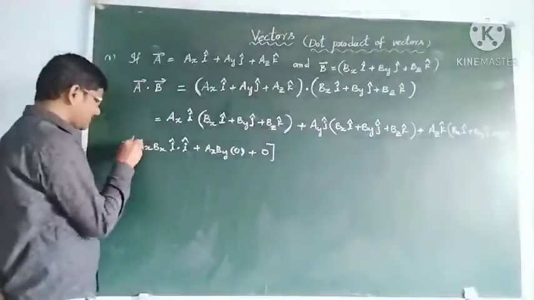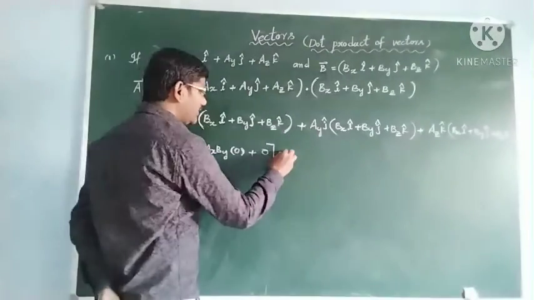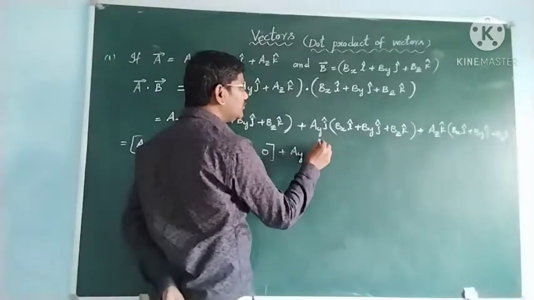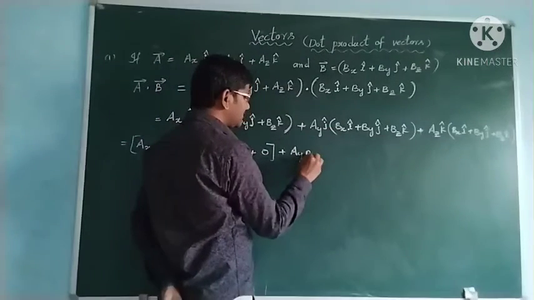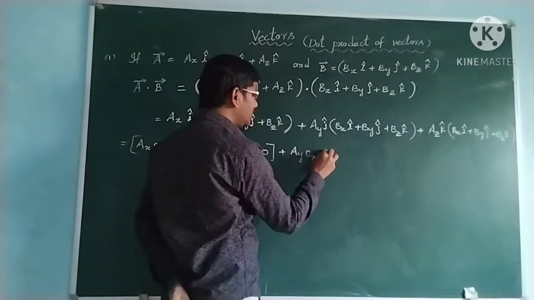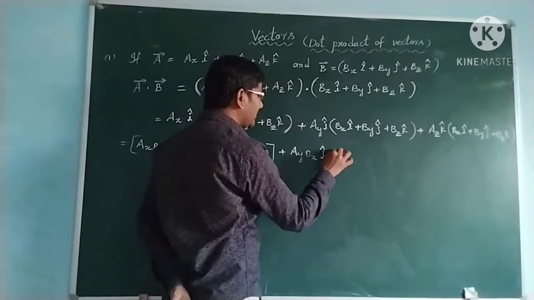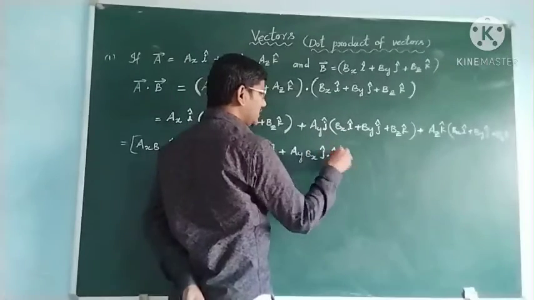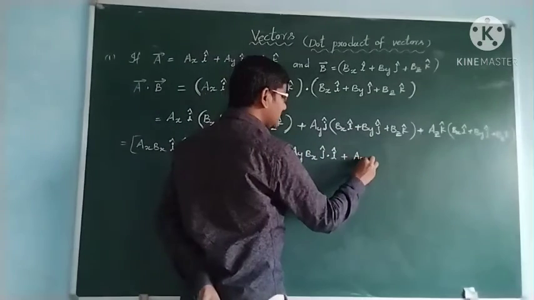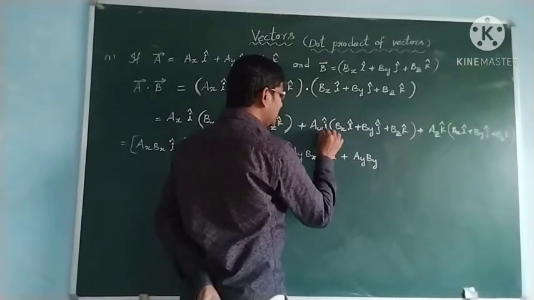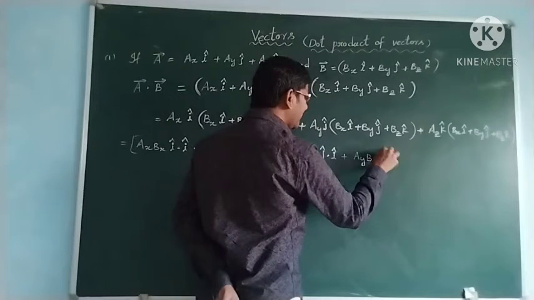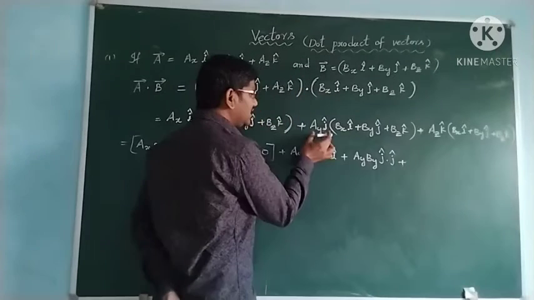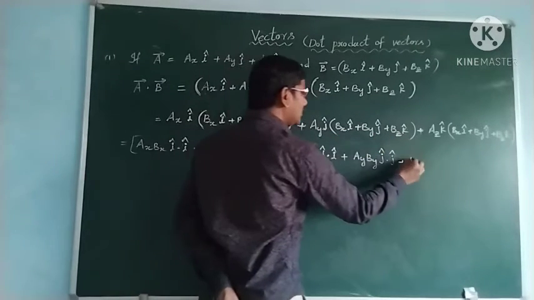Okay students, so plus Ay into Bx, Ay into Bx into, what to write, J cap into I cap. So J cap into I cap, so plus Ay into By into J cap dot J cap, so plus Ay into Bz, J cap dot K cap.